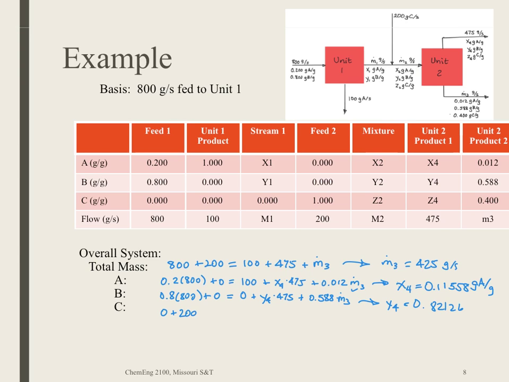200 comes in with feed 2, nothing leaves in product 1, and Z4 times 475 plus 0.4 times M dot 3. And again, I can use this to find Z4, and that is 0.06316 grams of C per gram.